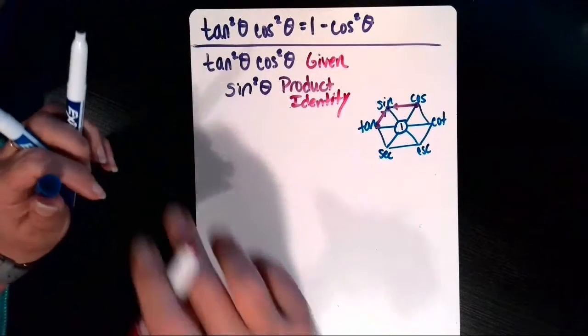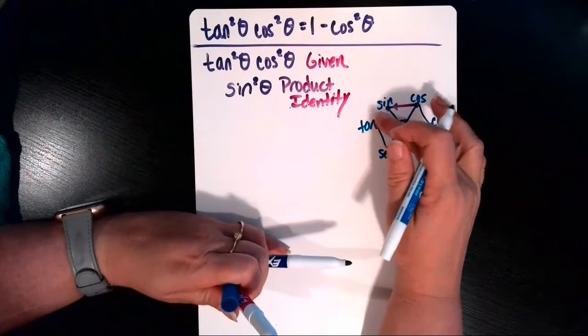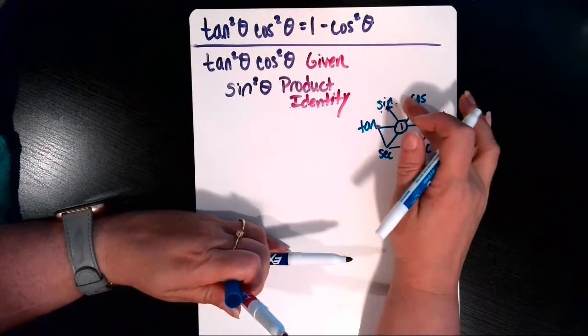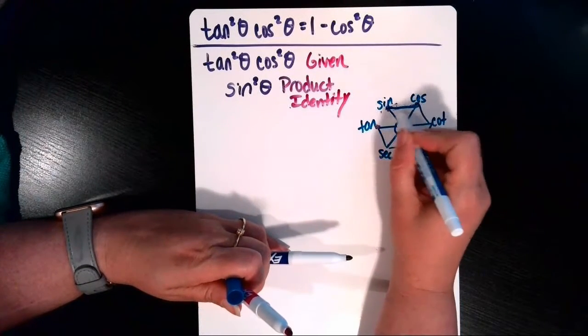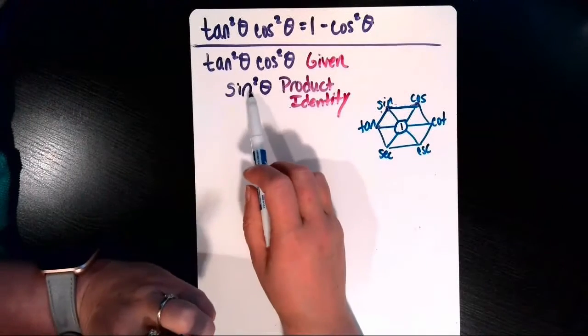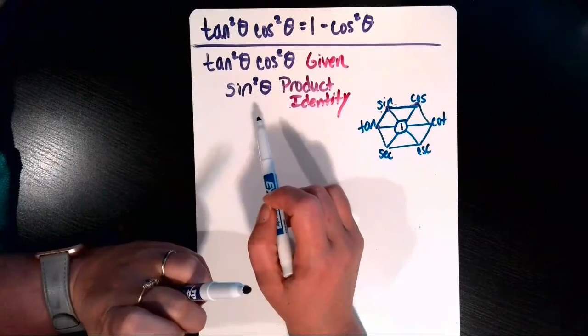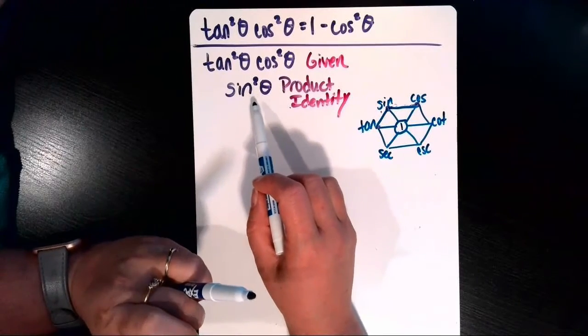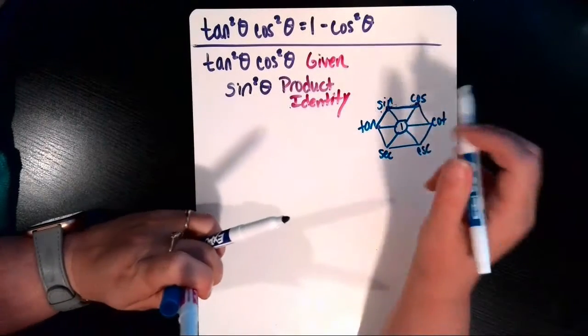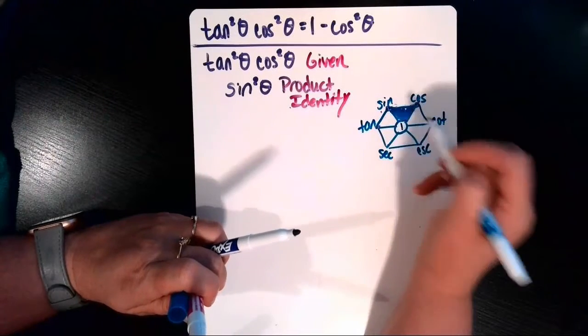Next we'll go back to revisit our hexagon again and see what else it can tell us. Whenever we see a sine squared, or really any of the trig functions squared, that's usually a good indicator that you have a Pythagorean identity in your future.